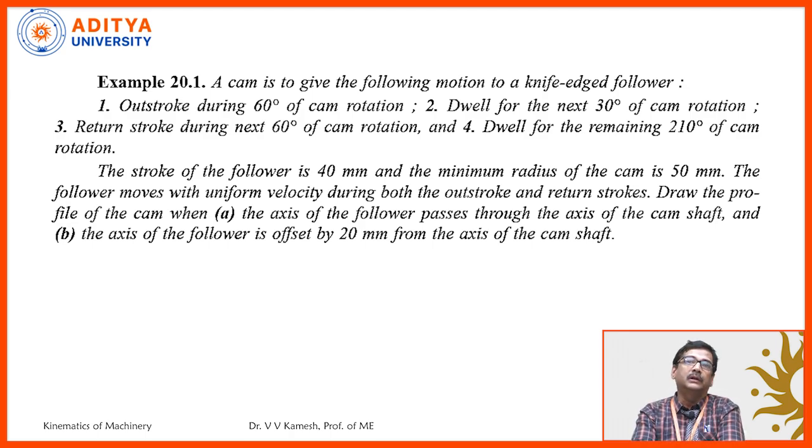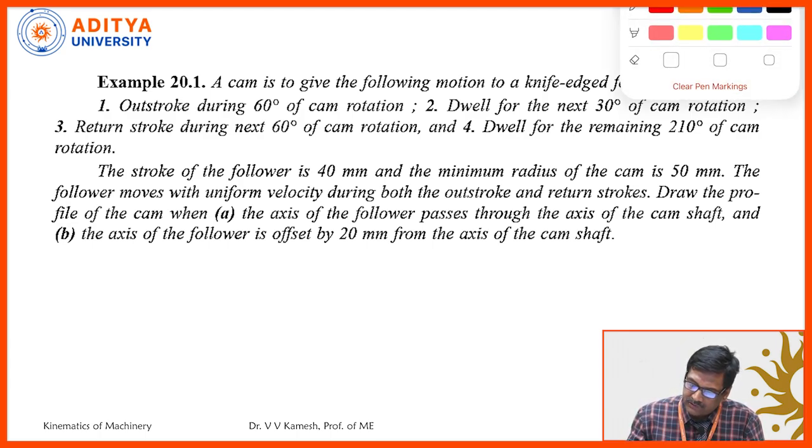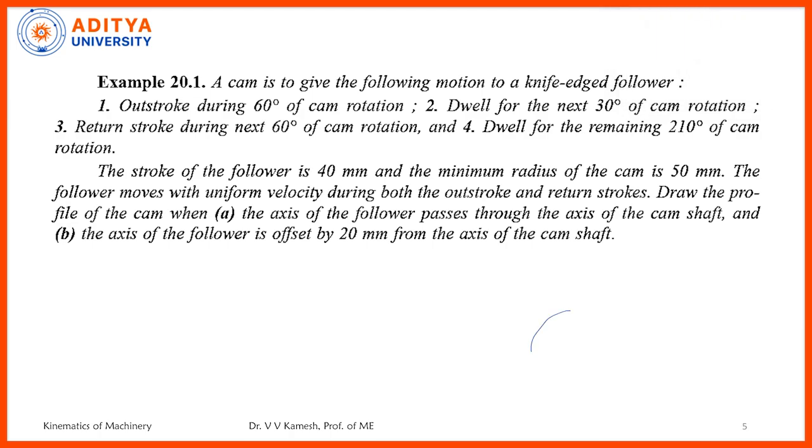We have drawn the construction of the cam profile using the conditions when the axis of the follower passes through the axis of the camshaft. So there, just remember, earlier we had drawn a circle. On this we mounted the cam follower like this. This is actually the base circle.